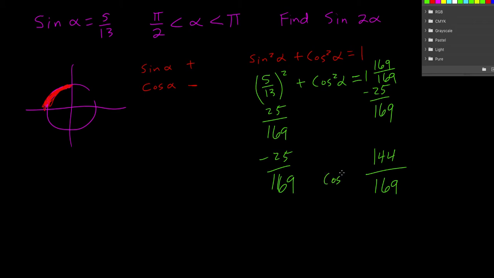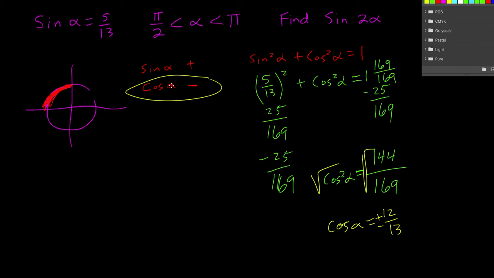And then cosine squared alpha is equal to that. And so we square root both sides. We get cosine alpha is equal to 12/13. And technically that's a plus or minus. However, we already know that our cosine needs to be negative. And so we're going to now say that cosine alpha is equal to negative 12/13.